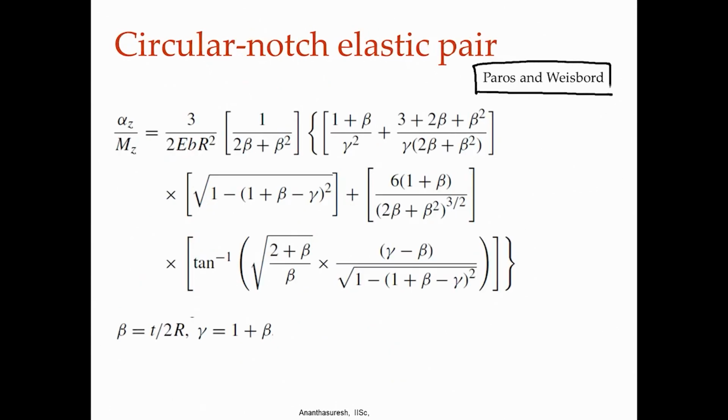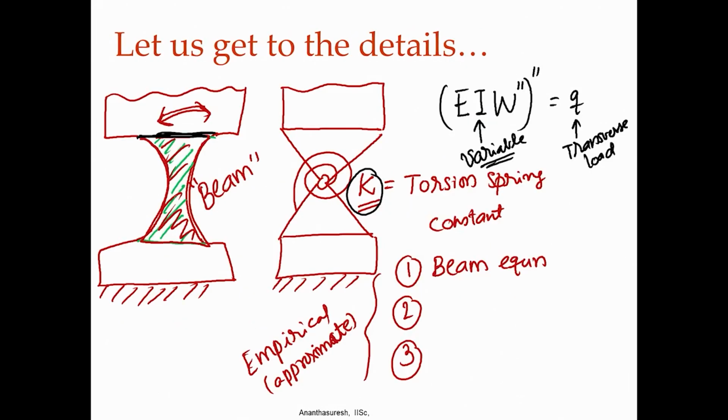Paros and Weisbart in 1965. Okay. When they do that, they get, or they got, an expression that looks like this. What is rotation, alpha z, mz. So, what they are actually showing here is alpha z, that is the rotation about the z axis. So, that z axis here is going to be out of plane over here, out of plane.